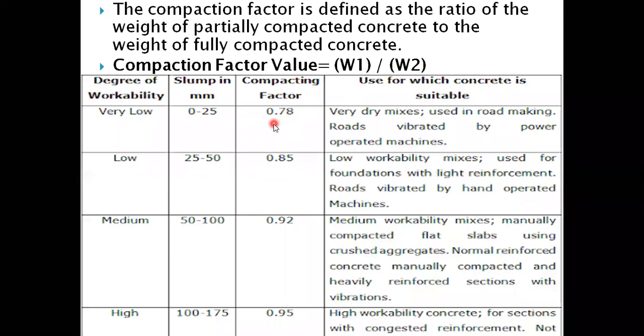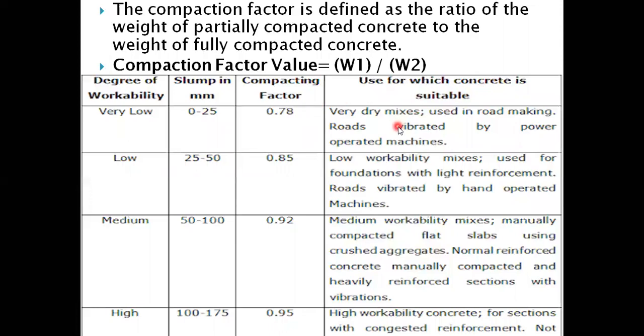If W1 upon W2 is 0.78, then the degree of workability is very low, and it also has a slump of 0 to 25. The slump value we discussed earlier, so we go for the compaction factor. If the slump is 0 to 25, it is also known as very low workability, and if the compaction factor is 0.78, then the concrete has very low workability.